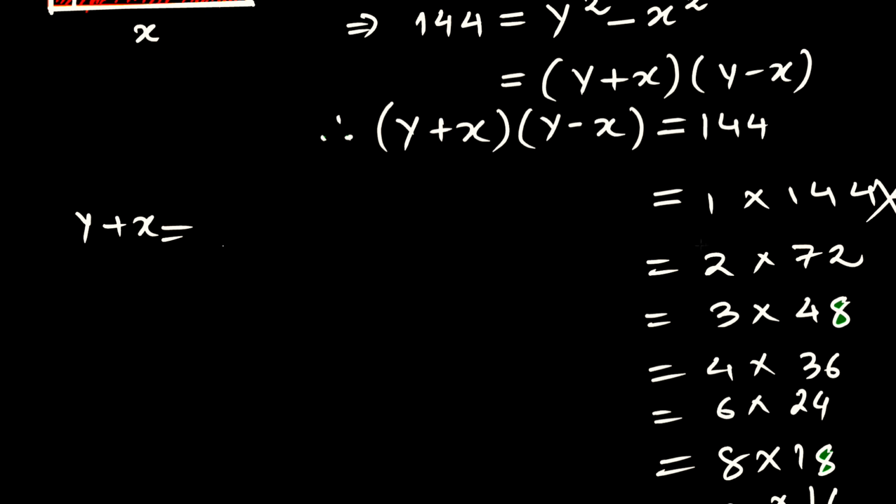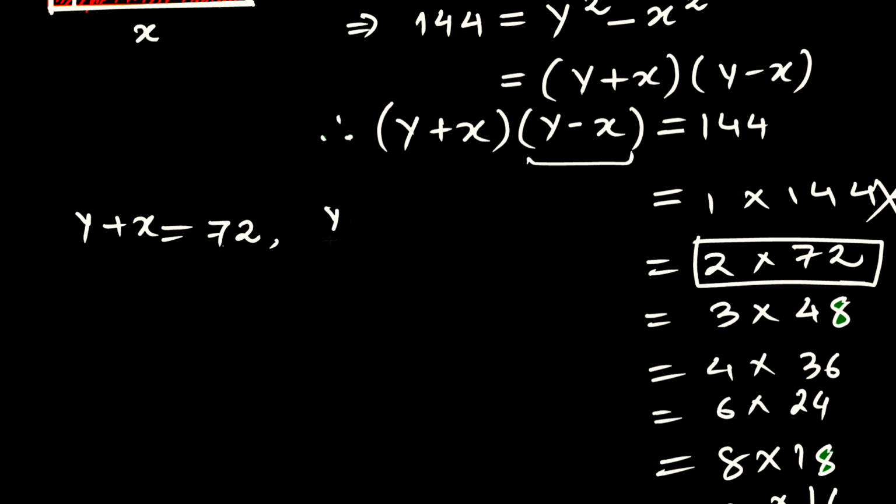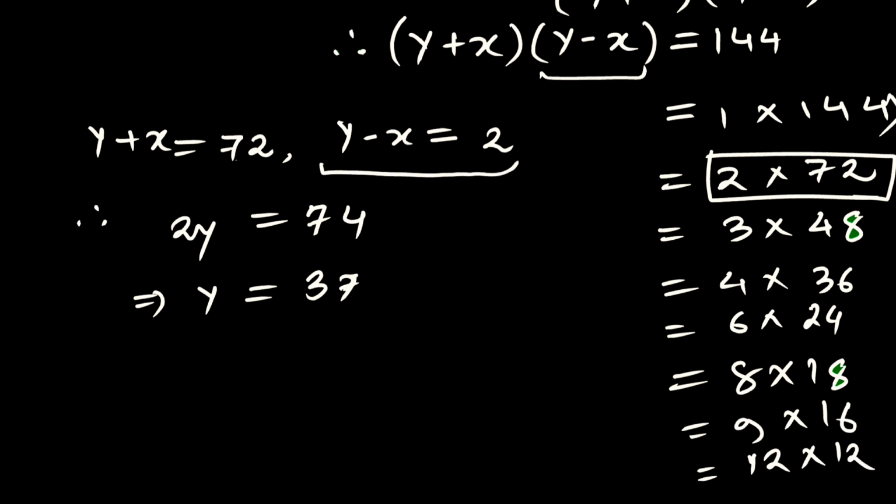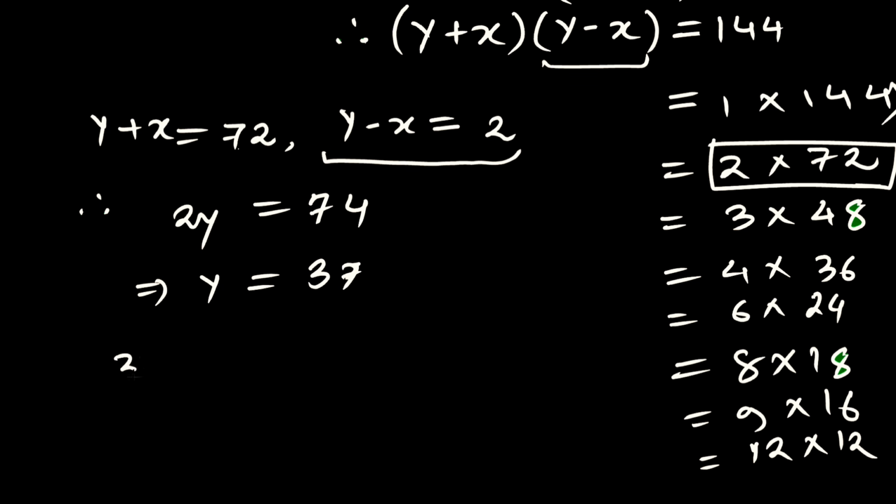Now, let's try the next pair. Let y plus x equal 72 and y minus x equal 2. Again, add the equations. The x terms cancel and we get 2y equals 74. Dividing by 2 gives y equals 37. Now substitute that value into y minus x equals 2. We get 37 minus x equals 2, so x equals 35.